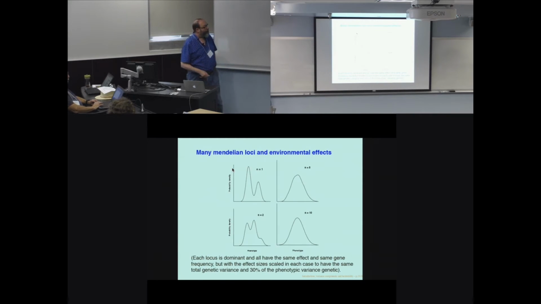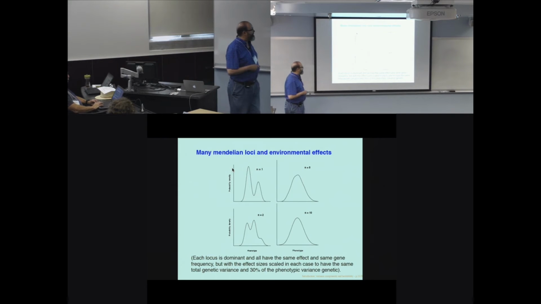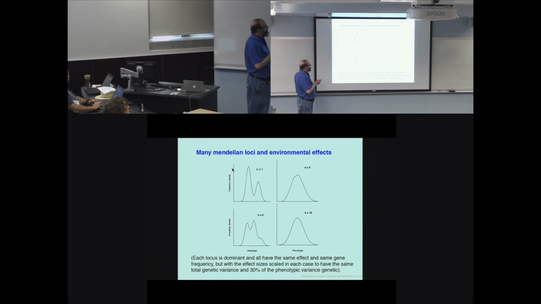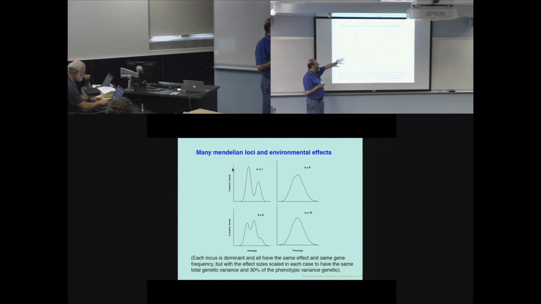Likewise, suppose I had one locus and environmental variation around it, and there could be enough environmental variation that these 2 distributions start to merge. What I'm going to do here is show you the effect of adding not more and more environmental variation, which is what I did in the last slide, but having more and more loci.